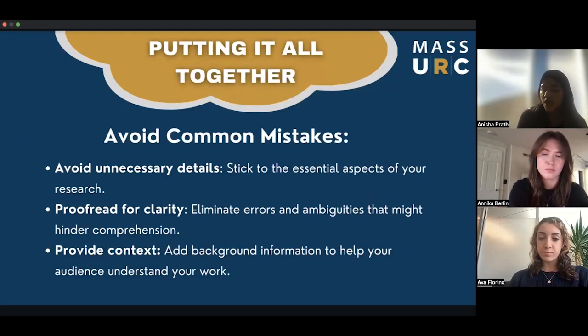Remember to go back over your abstract, or even have a professor, academic advisor, or friend read over it so that you don't miss any errors or gaps in your writing before submitting. And remember to provide context. Your audience is unlikely to be familiar with your work and maybe even your academic field. So make sure to add at least a bit of background information to help your audience understand your research.